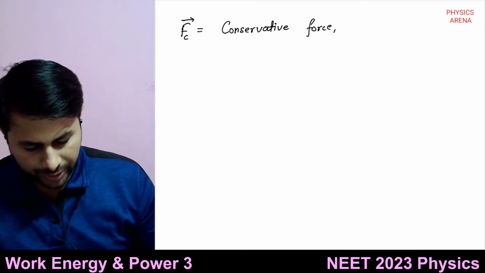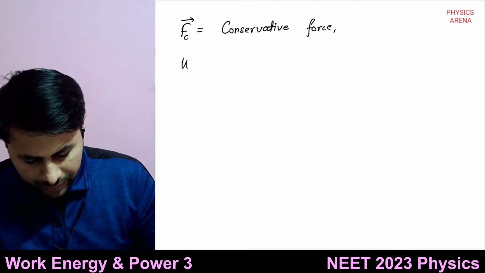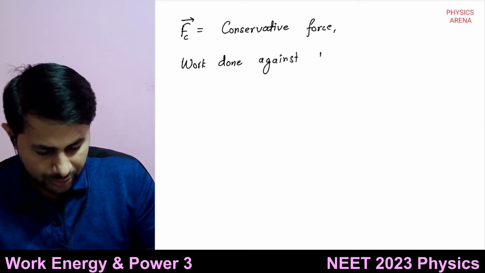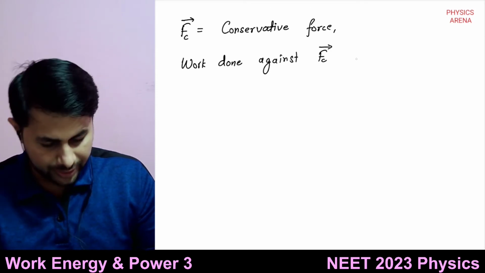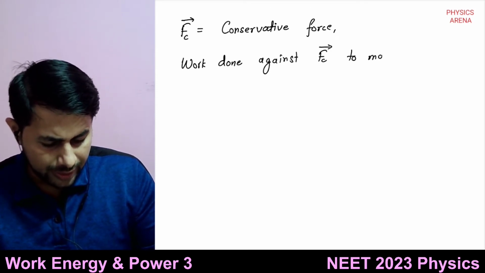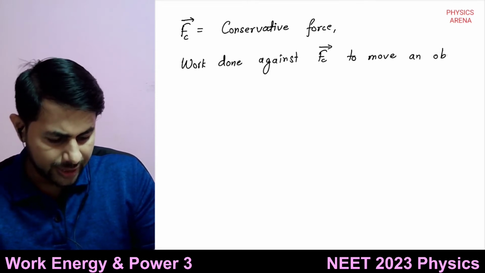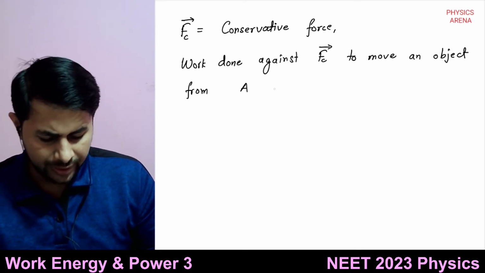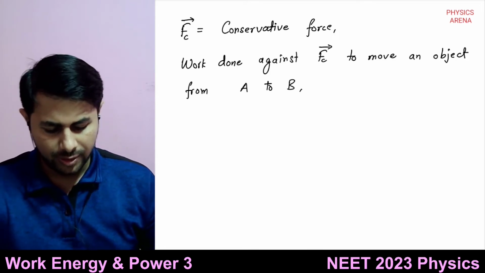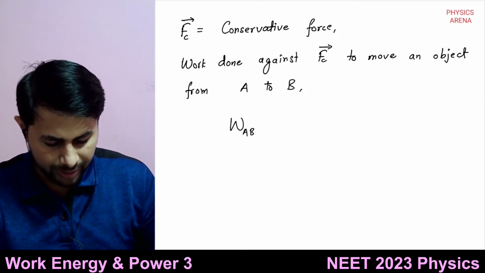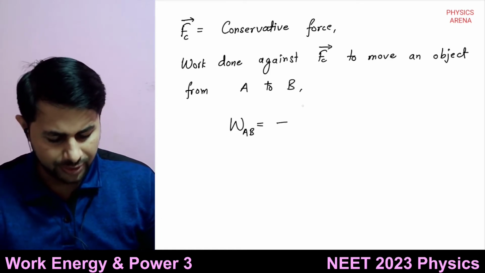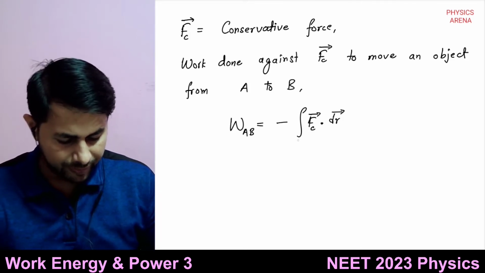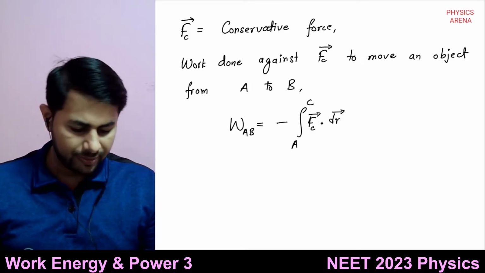So for any conservative force, work done against the conservative force Fc bar to move an object, or a particle or a charge, from some initial point A to some final point B, will be WAB, and that's equal to minus the integral of Fc bar dot dr bar from A to B.